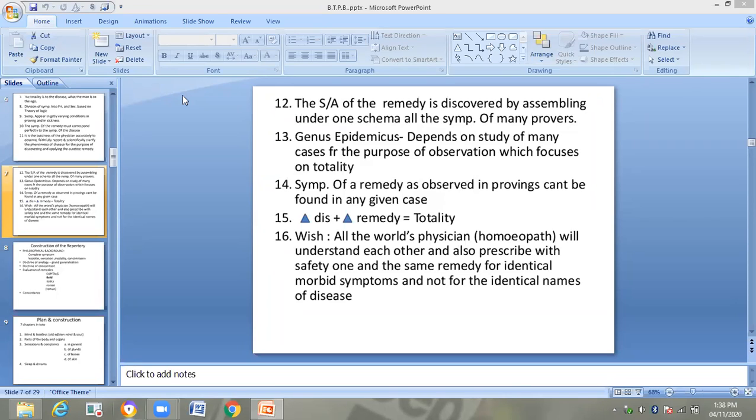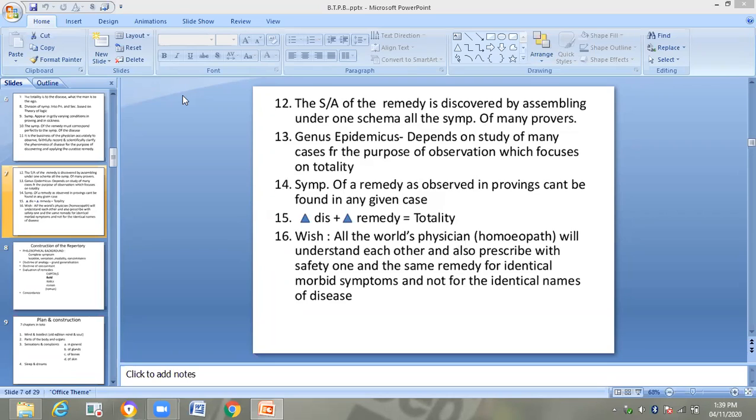The concept of evaluation of remedy was first introduced by Dr. Boenninghausen. So while constructing this repertory, he gave many new doctrines and concepts to homeopathy in the philosophical background of his repertory, like the doctrine of analogy that we just discussed, then the doctrine of concomitant, and the third one is the doctrine of grand symptom.